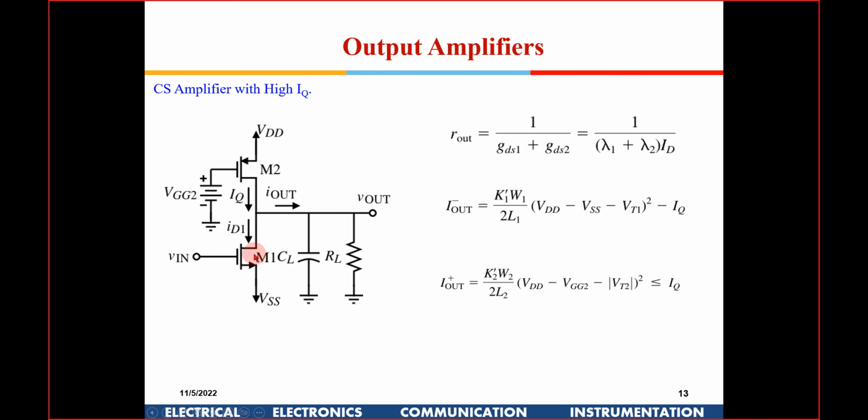That is the maximum current which can be pulled down for a max condition.